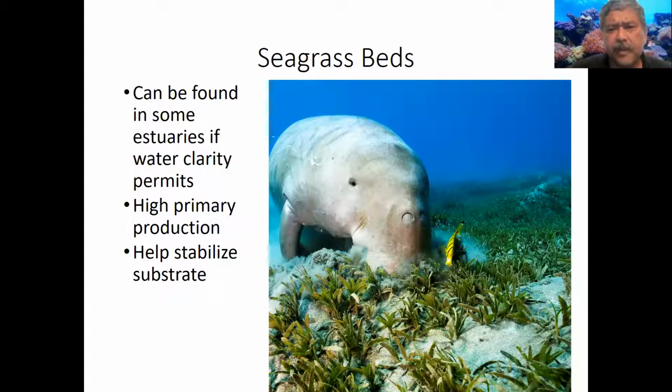If you look at the blue in the background, this is not as turbid, so that allows the light to come down and allows the seagrass to be successful. They need light in order to grow, and so then they become the producers of this sub-ecosystem of the estuary.